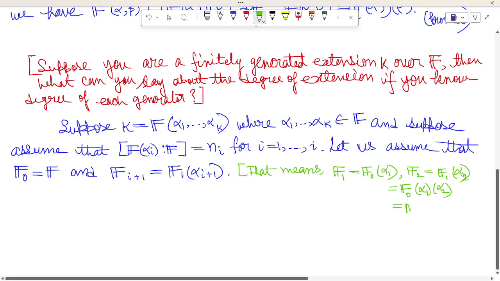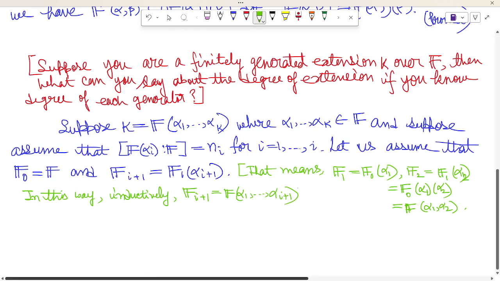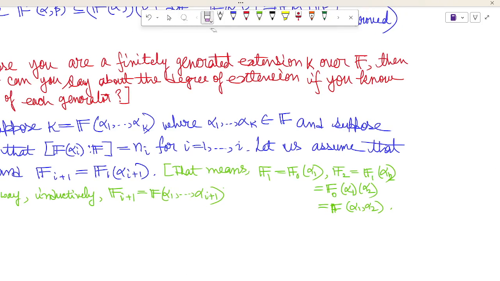That means F0 is F. So I mean, this way, inductively, you can get that F i plus 1 is actually F adjoin i plus 1 generators.